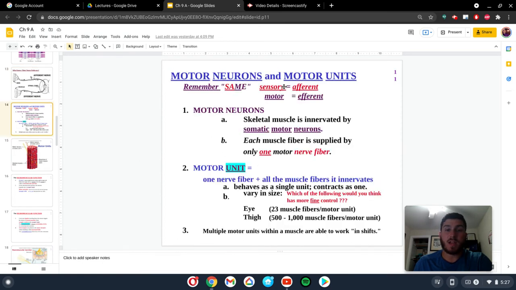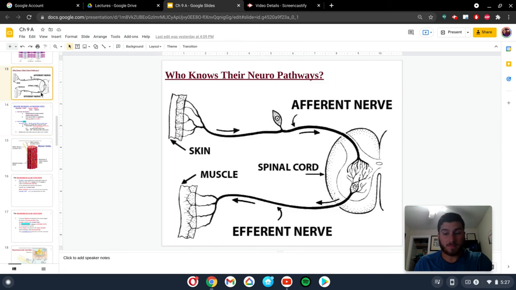So that said, SAME: sensory information is always going to go from the initial location towards the central nervous system, and then the actual motor output is going to come from the central nervous system and go to the affected area. If you think about it, you don't really have to memorize what's going on there. Just think about what makes sense.